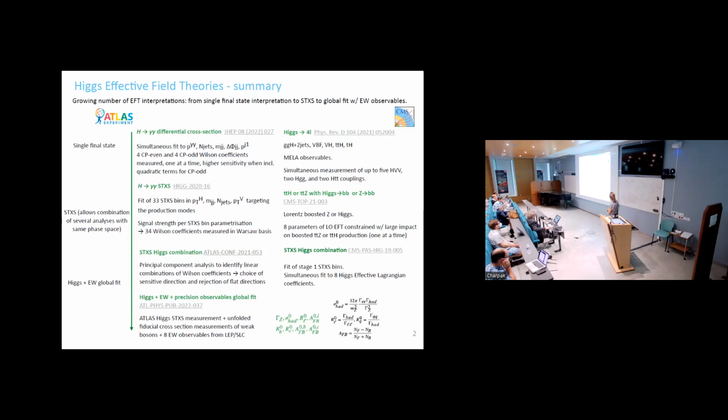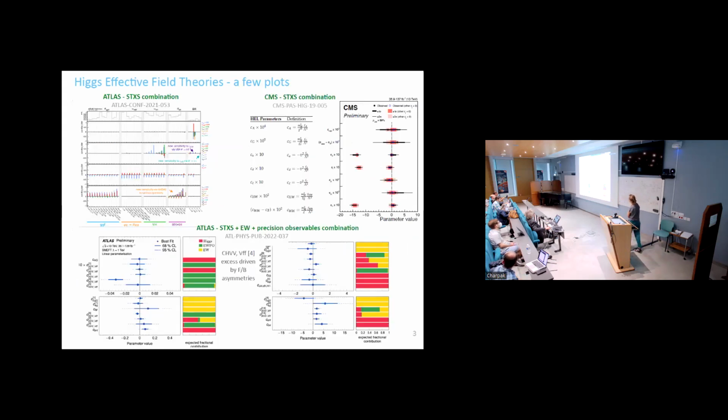production modes. And what we can see is that the measurements get more and more sophisticated, since we have a principal component analysis to identify the direction to which the analysis is sensitive in the combination of the Wilson coefficients. So if you prefer plots, this is how it looks. Basically, here is the ATLAS STXS combination.